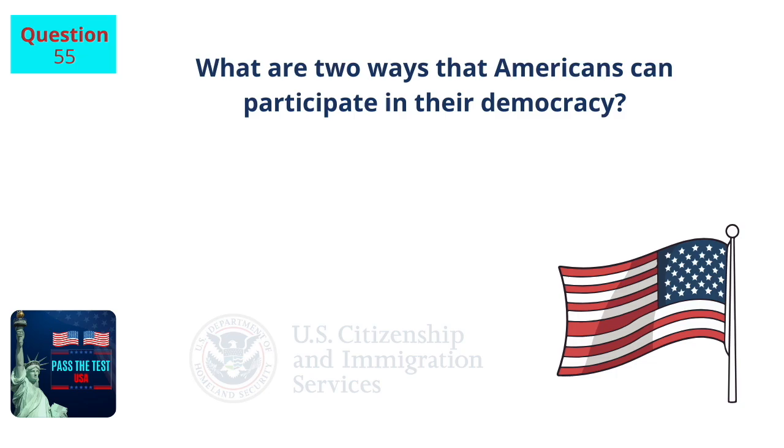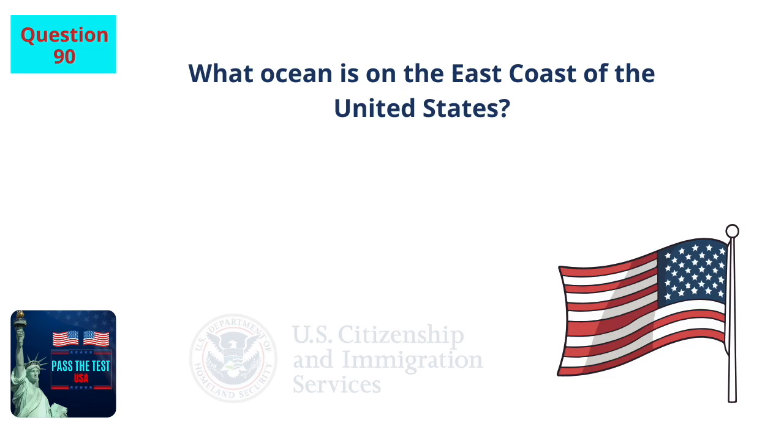What are two ways that Americans can participate in their democracy? Vote. Join a political party. What ocean is on the east coast of the United States?